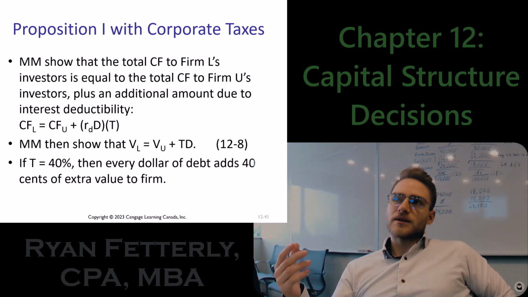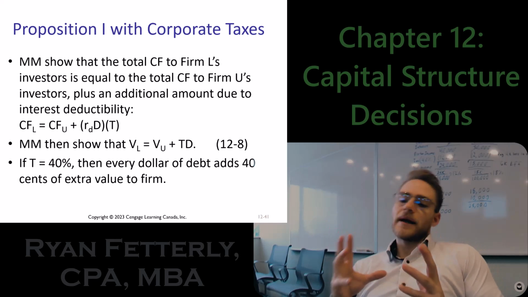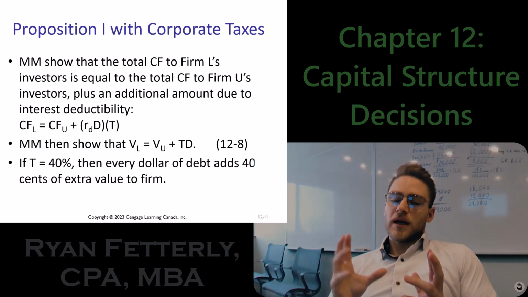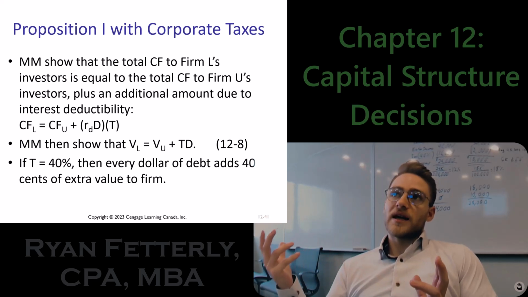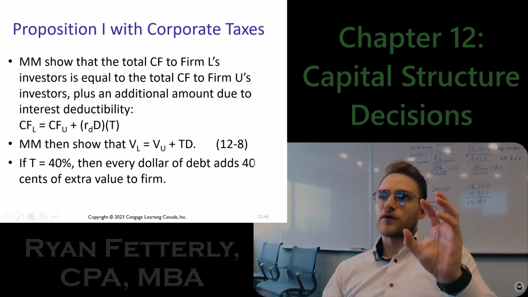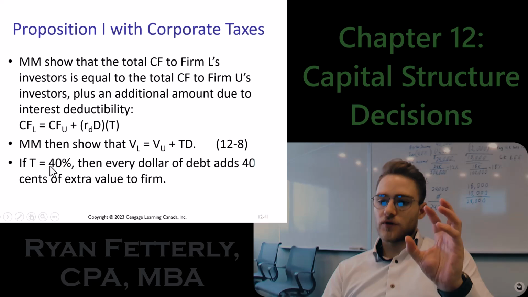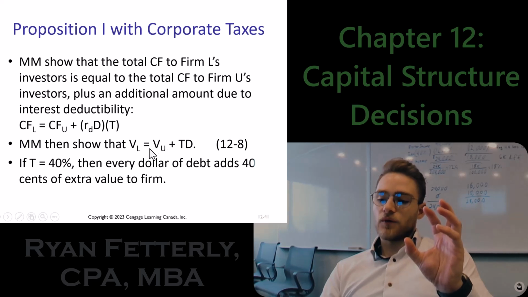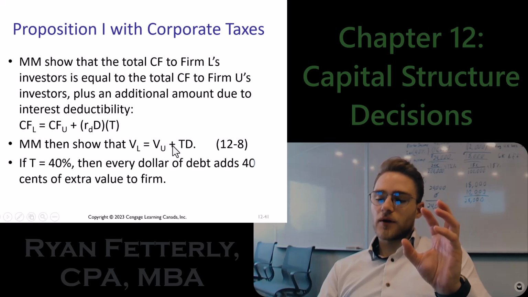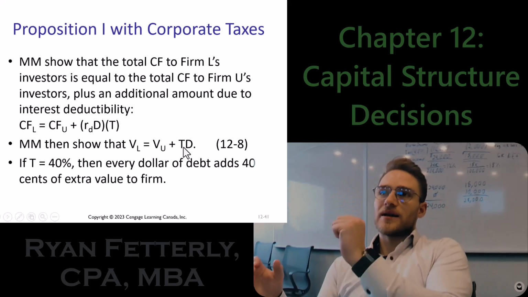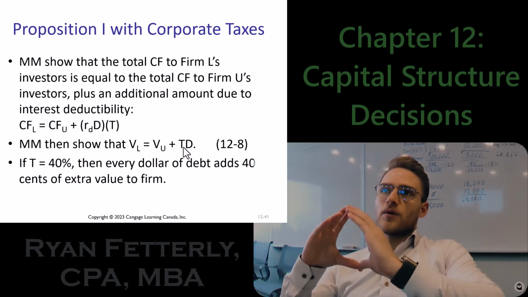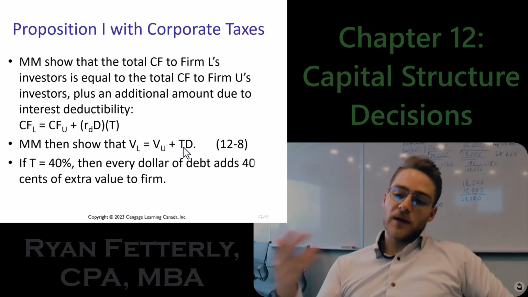So the formula is: if we have an unleveraged firm, and we want to know what that firm would be worth if we added financial leverage, we take the value of the unleveraged firm and add the total debt, D, multiplied by our corporate tax rate. That is how much we increase the value of the firm by adding on debt, right?